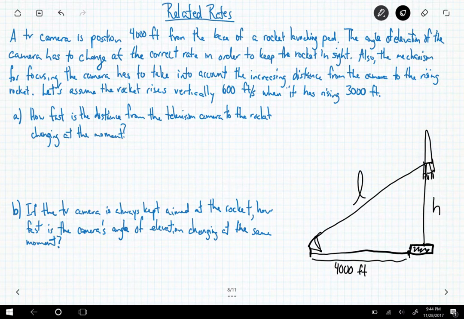Those are some of the changing parts, and it also talks about focusing the camera, so you're talking an angle here as well. So this angle, let's call it theta. All of those are in play for this problem.